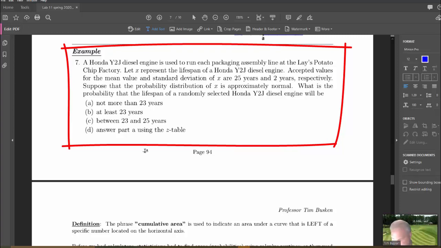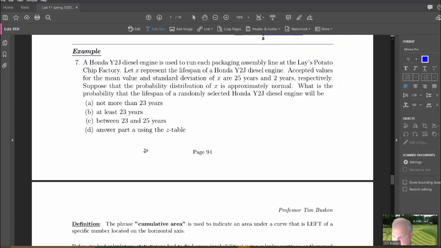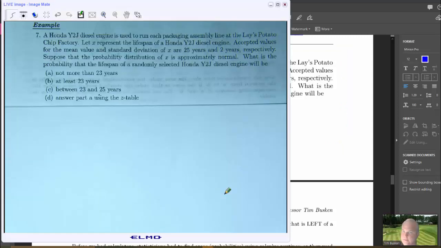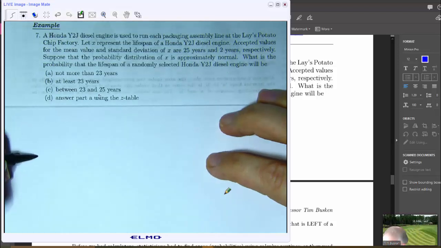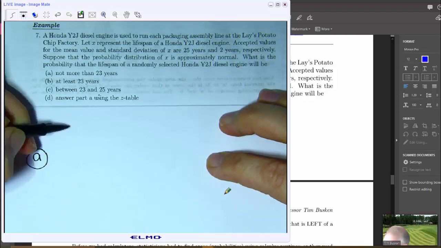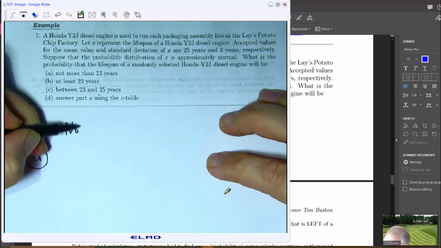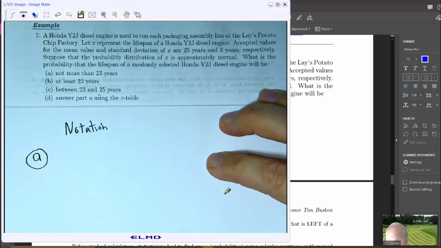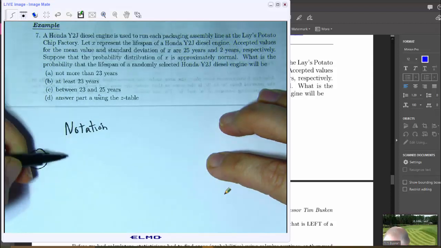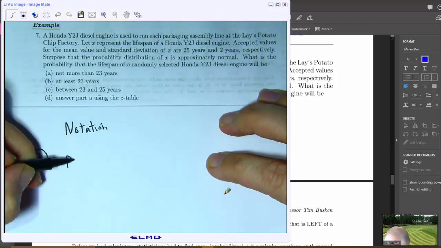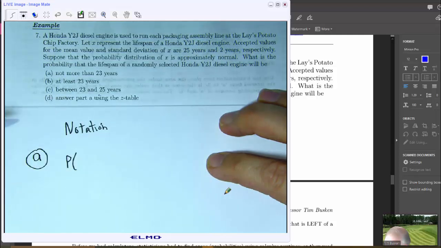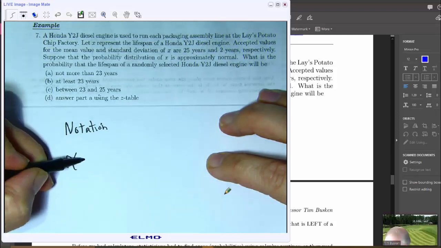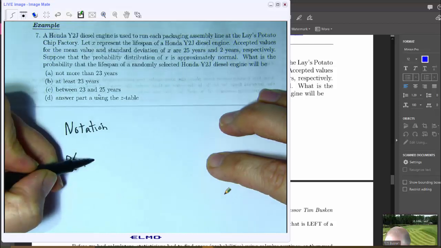Okay, so here's how I'm going to answer those three questions. For question A, not more than 23 years, we know that that is equal to a less than or equal to symbol, a maximum of 23 years.